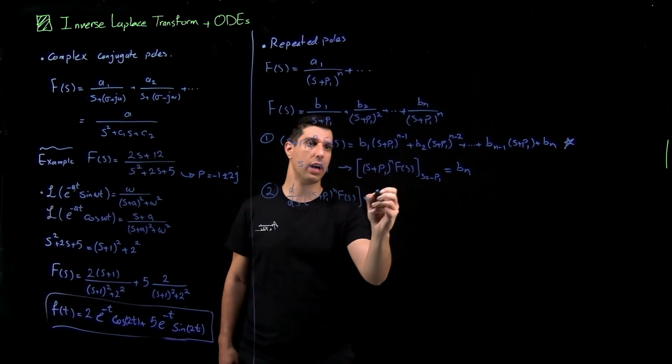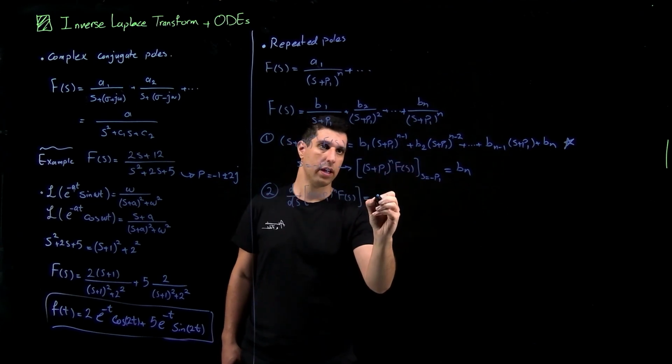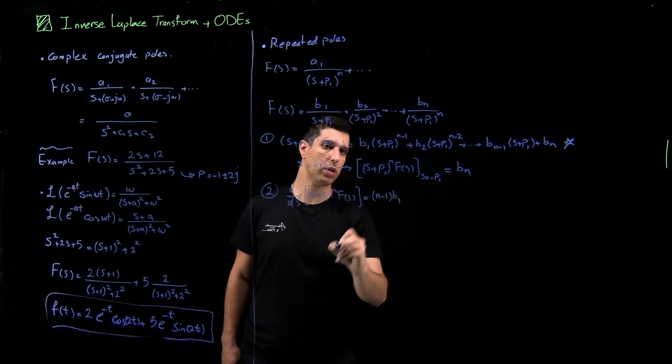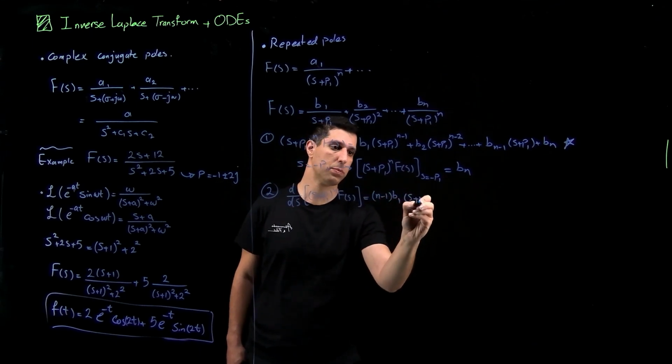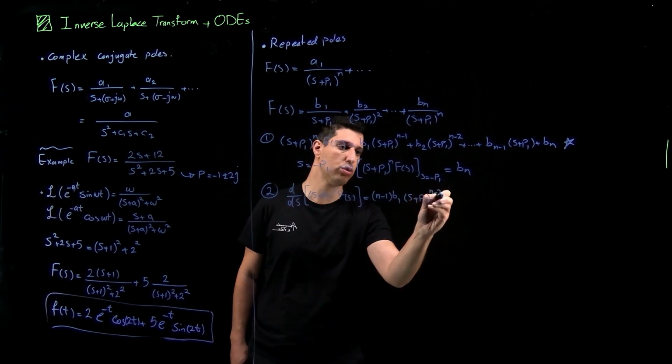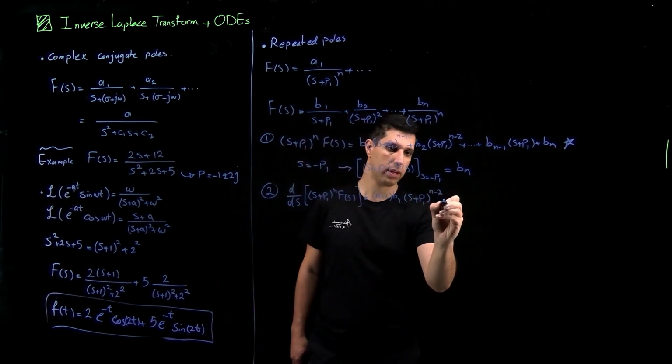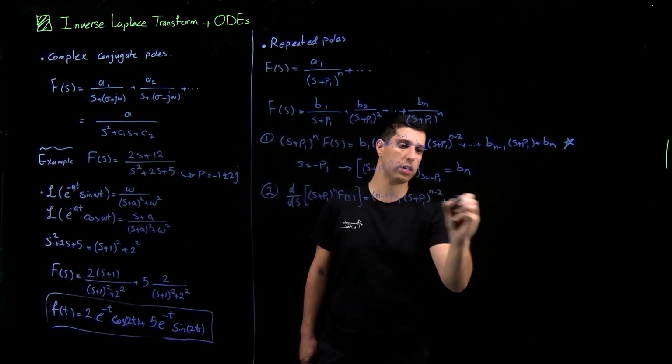The other side, I have n minus 1 times b1 times s plus p1 to the n minus 2, plus, taking derivatives, dot dot dot.